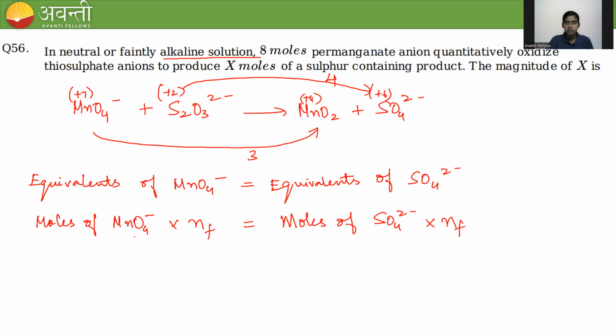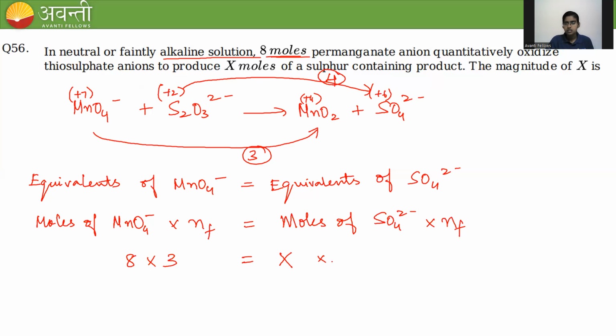So the number of moles of MnO4 minus is given as 8 moles. So let me substitute 8 here, and the valency factor, that is the number of electrons gained by this manganese, is 3. So NF is 3, which is equal to the number of moles of SO4 sulfate ion. That is only we have to find out. Let me take that as X, and the valency factor, number of electrons lost by the sulfur is 4.